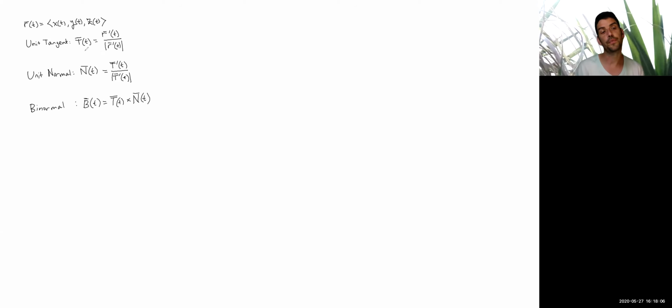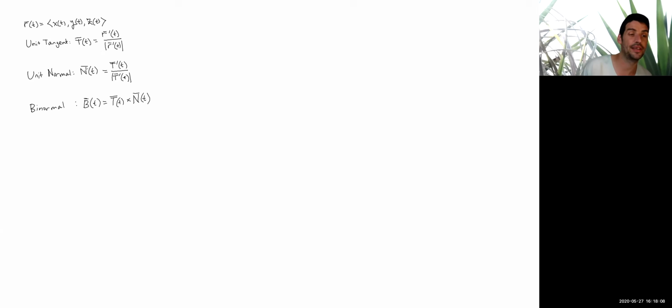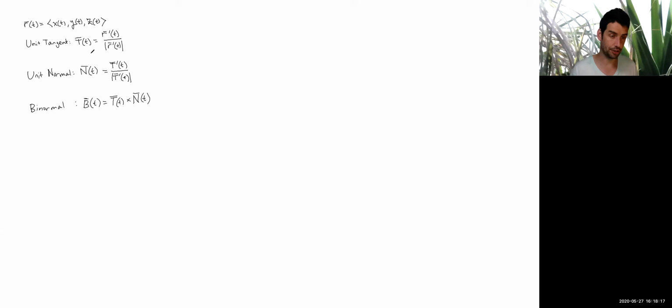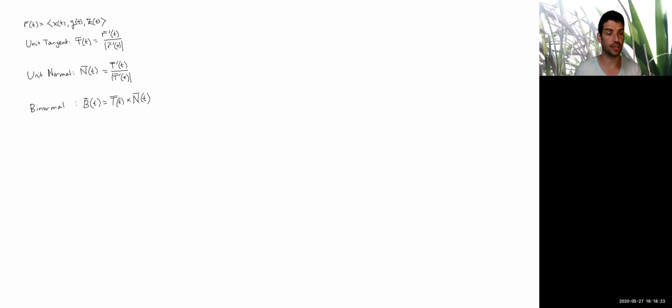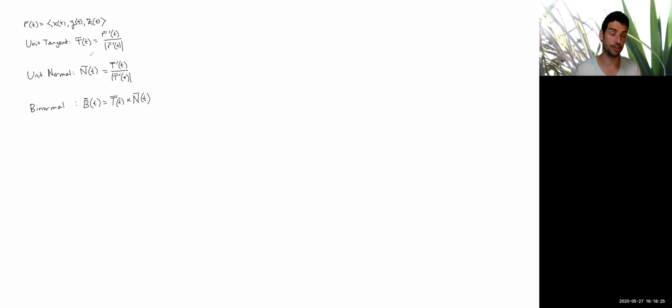We already have an idea of what the tangent vector is. One thing I'll point out is that the vector n has to be perpendicular to T by this definition. And I'll show you why that is in just a moment. And then obviously, because it's the cross product of these two, b is perpendicular to both of them.